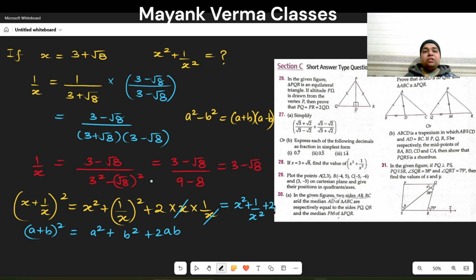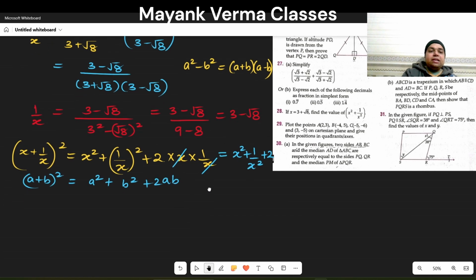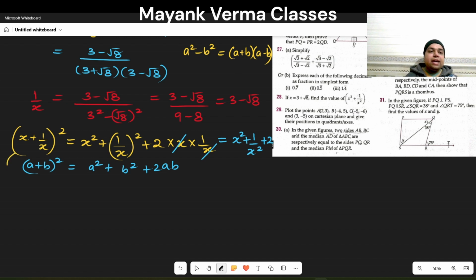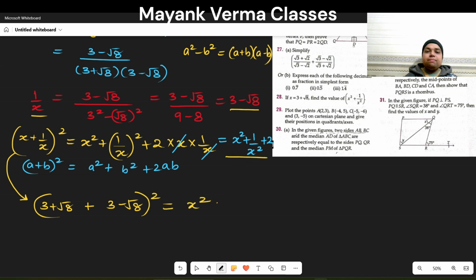Okay, let's put the value of x and 1 by x in this. So in place of x plus 1 by x, I will put 3 plus root 8, which is given to us, plus 1 upon x is 3 minus root 8, right? So 3 plus root 8 plus 3 minus root 8 whole square is equals to x square plus 1 by x square plus 2.